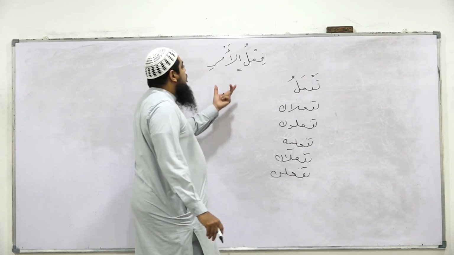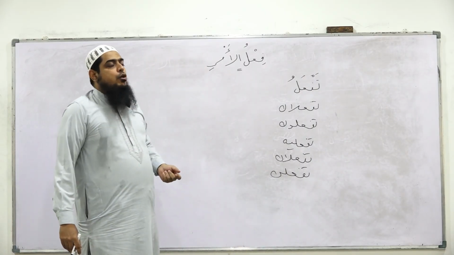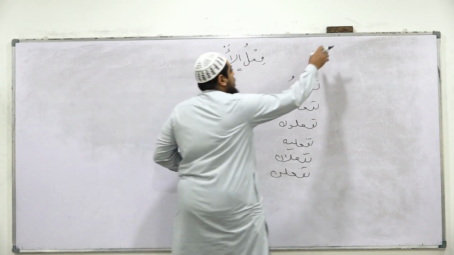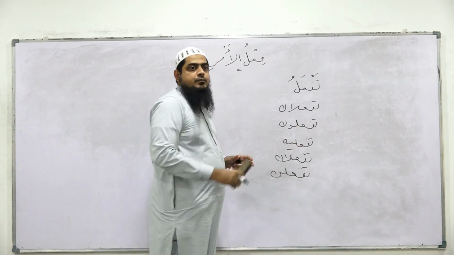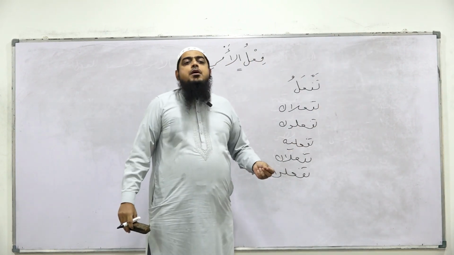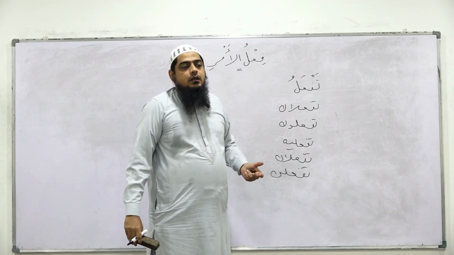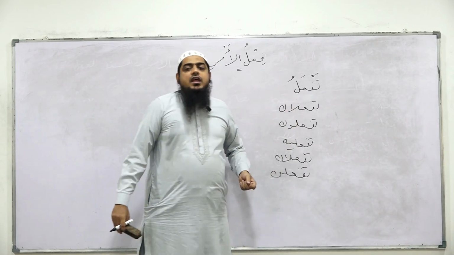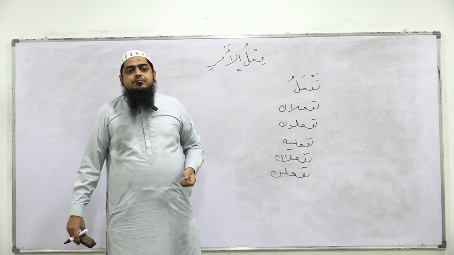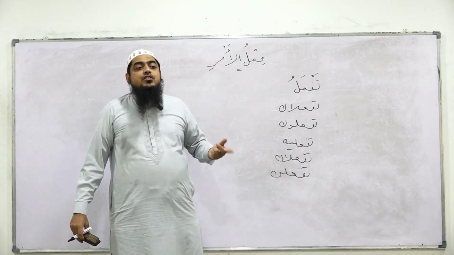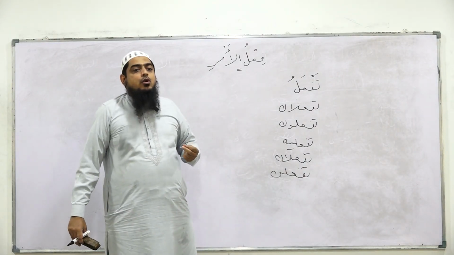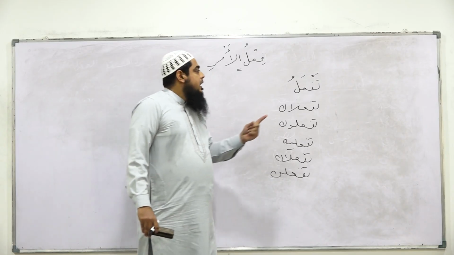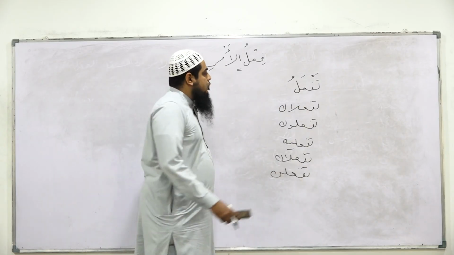So now, how to construct fi'l al-amr? First of all, you take fi'l al-mudari, remove alamatul mudara'a. Which is alamatul mudara'a in this fi'l? Don't say mudari', alamatul mudara'a. Ta is alamatul mudara'a. So you remove ta.